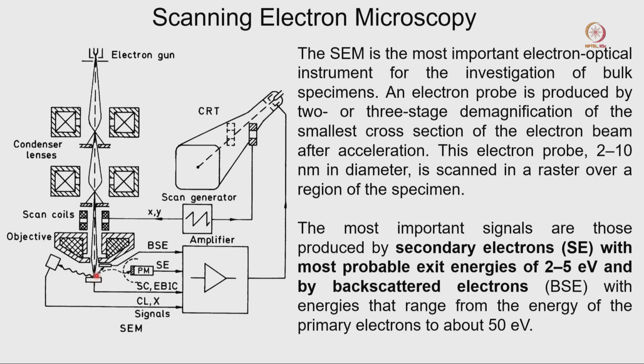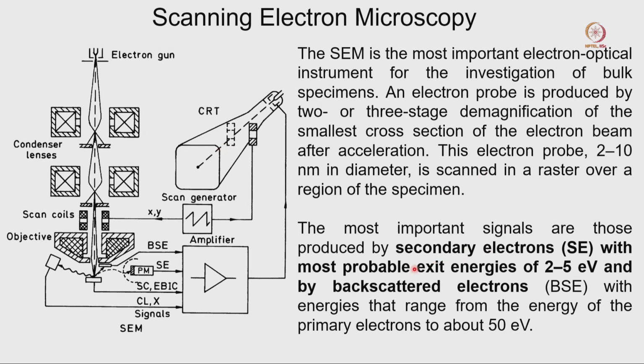So, the sample will emit backscattered electrons or secondary electrons. Here we are just recording these backscattered and secondary electrons using an amplifier, generating the signal, recording it, and visualizing those images.